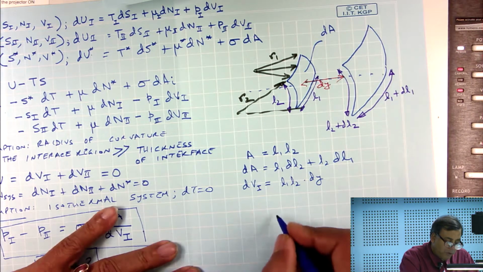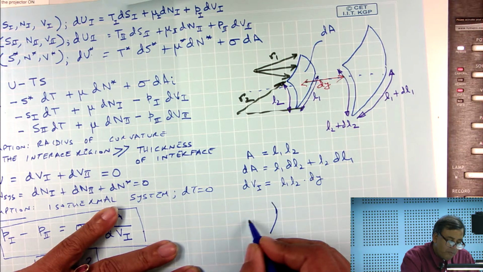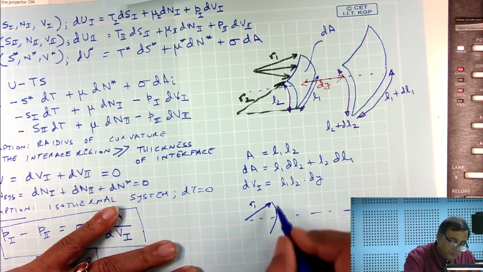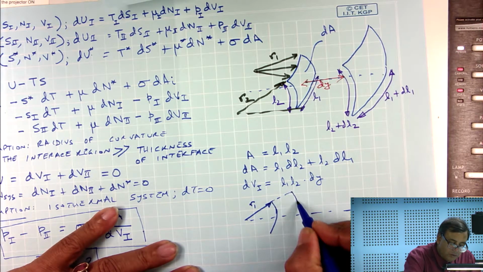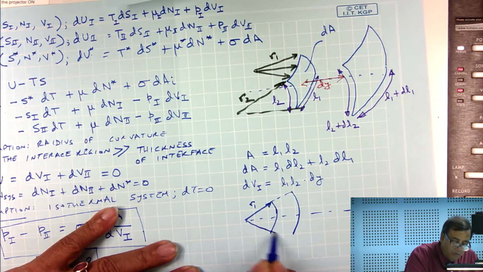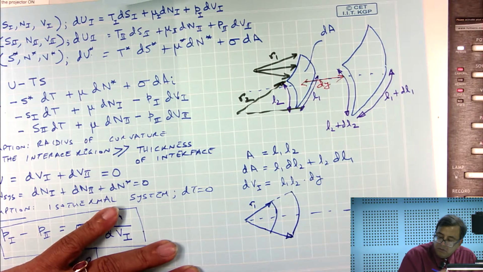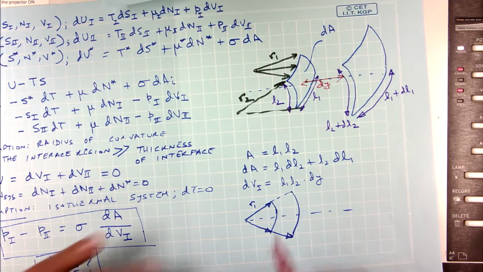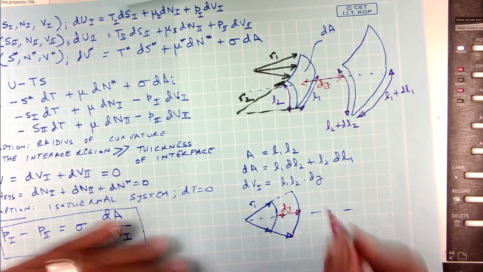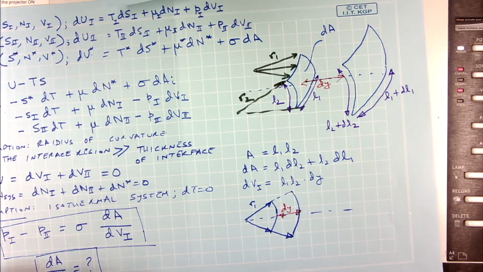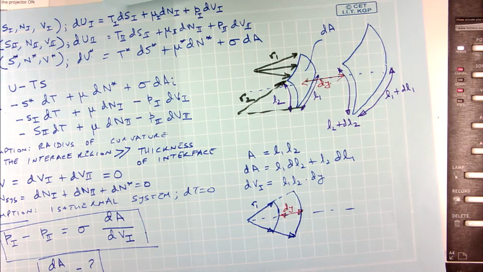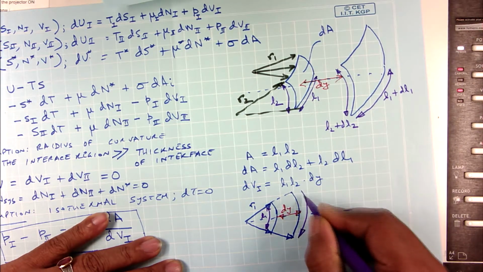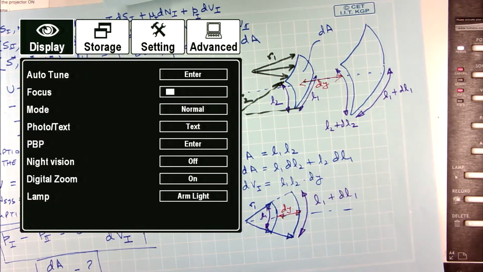Well, it was L1 with a radius of curvature R1, now it has moved, so it has moved by a distance dy, and so if this one was L1, now it has become L1 plus dL1. Does that make sense?